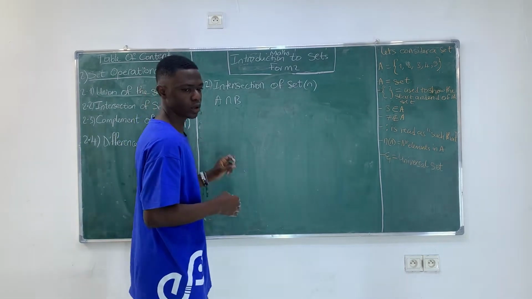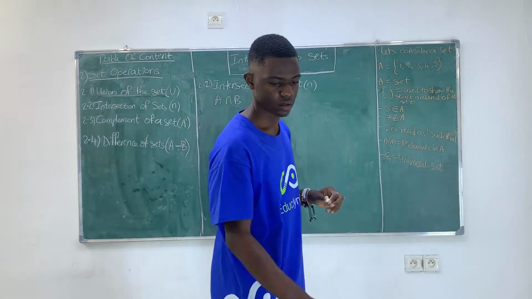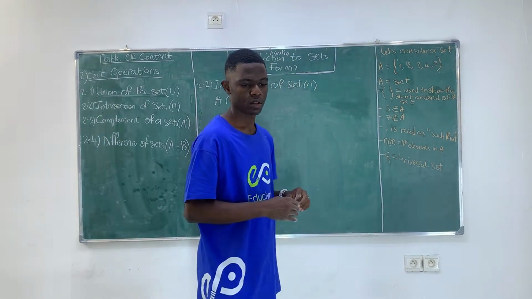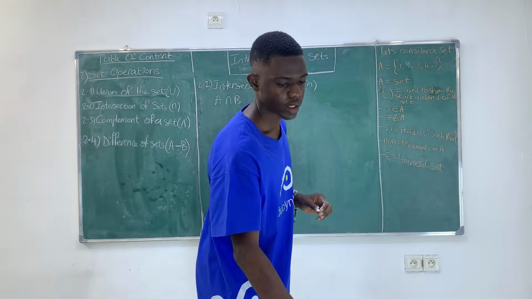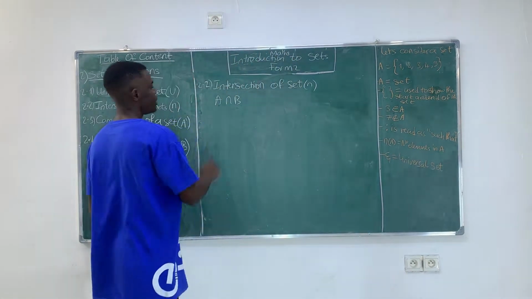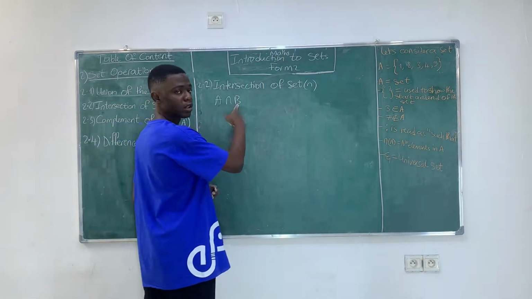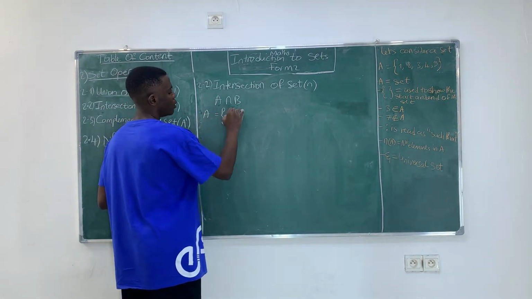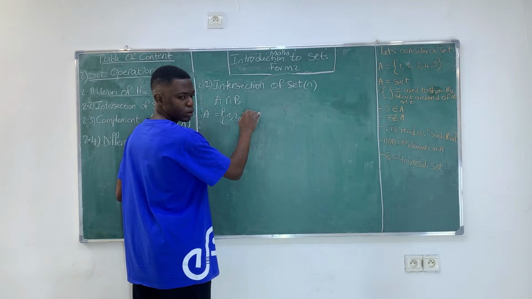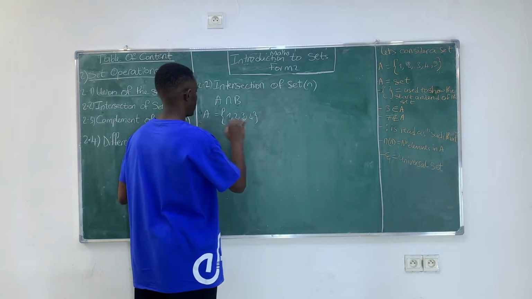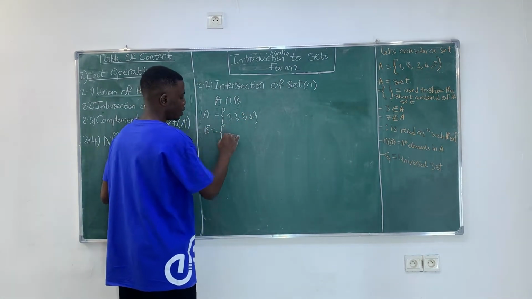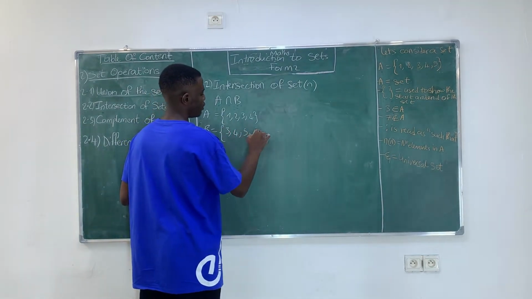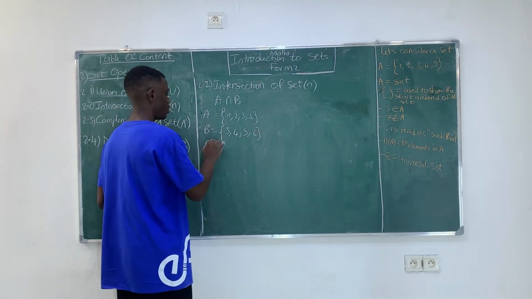So for example, this is called A intersection B. We have set A equal to 1, 2, 3, 4, and set B equal to 3, 4, 5, 6.